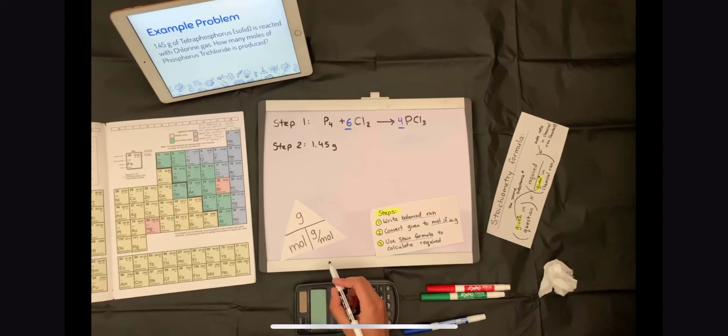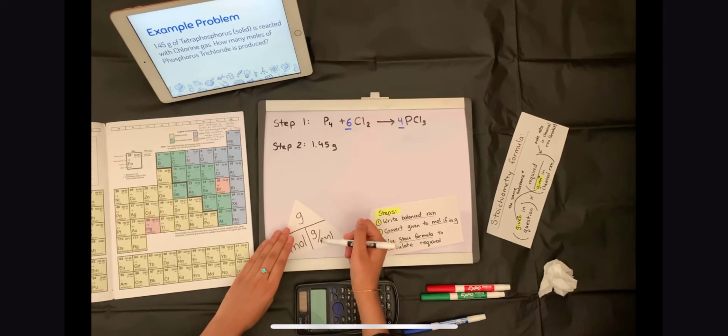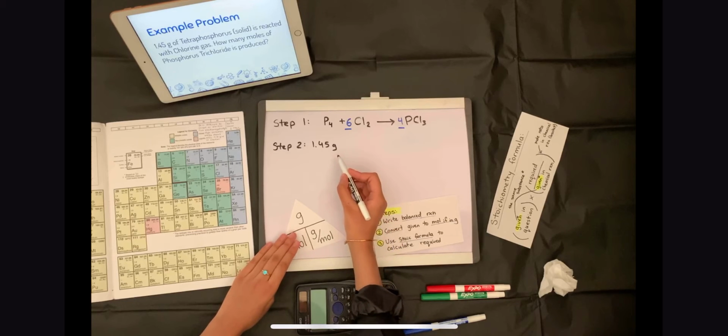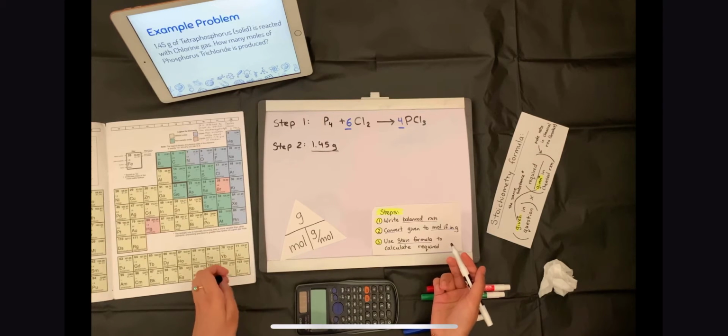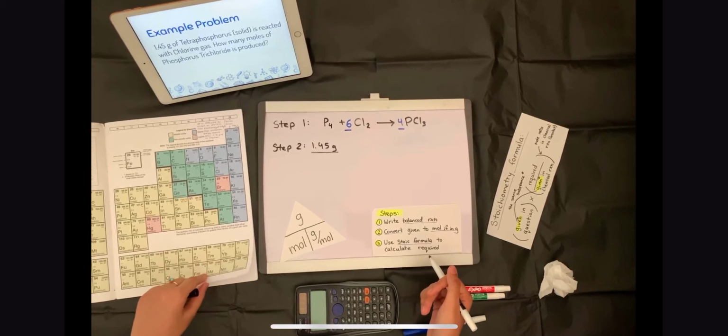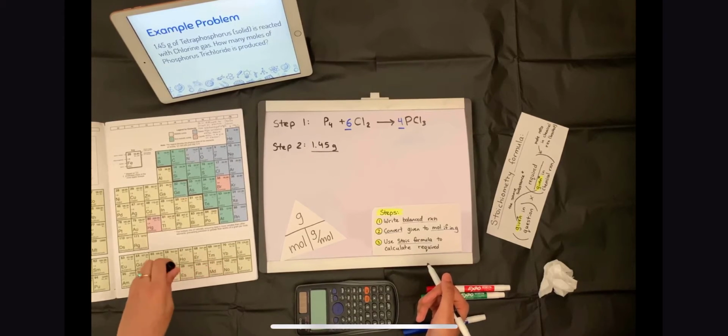Let's just cover the moles. To find the moles, we need to divide this by grams per mole. But what is the grams per mole? Well, we have to go to the periodic table where it'll tell us how to find it.